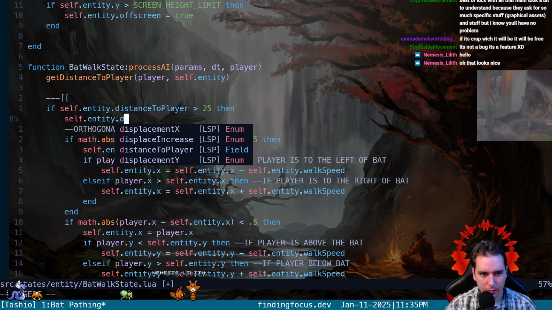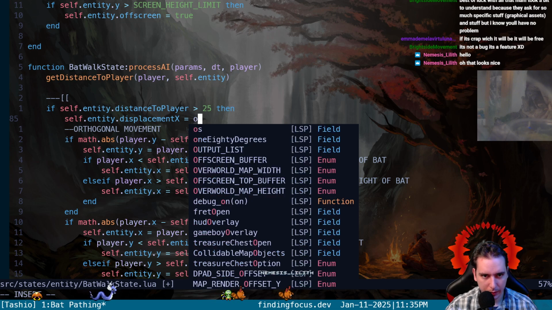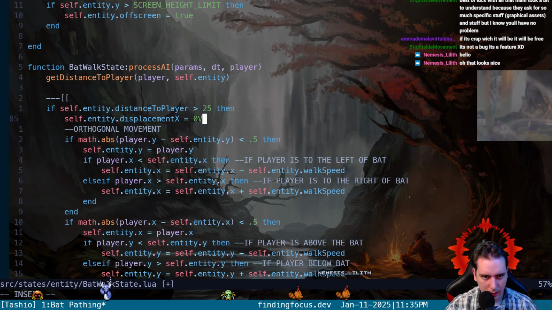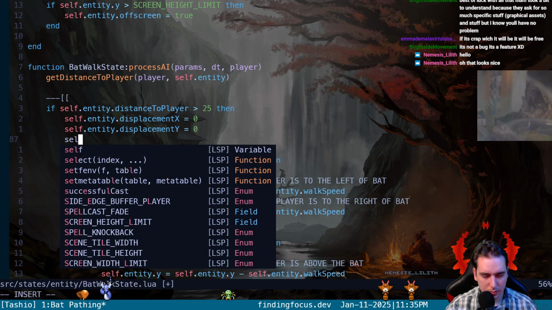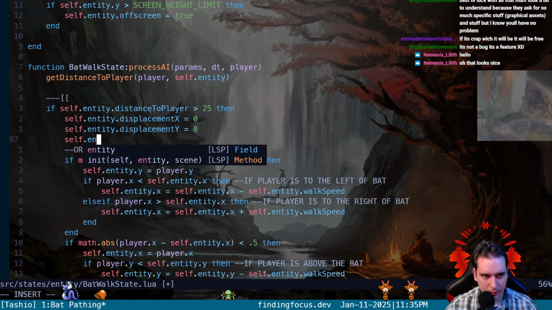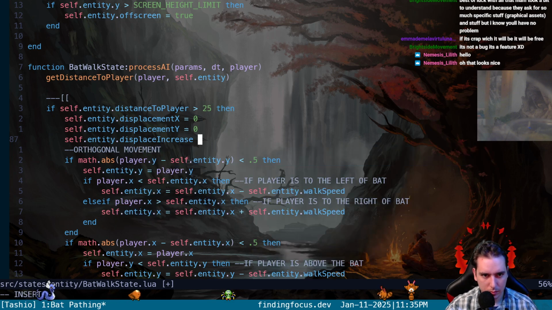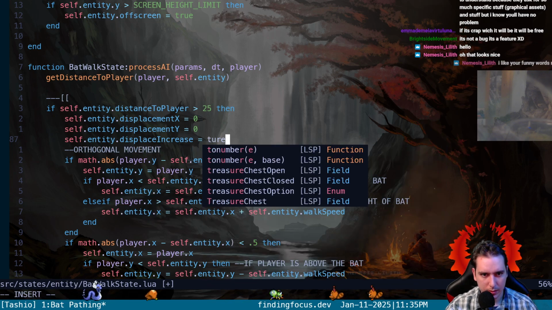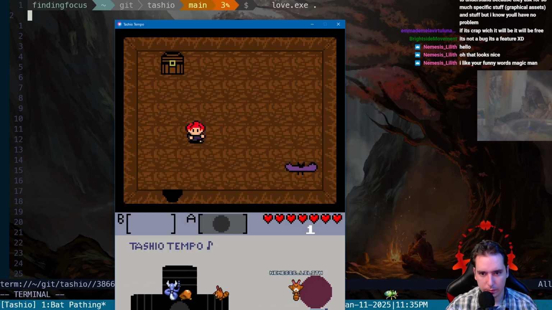So we can reset our displacement positions, and then also probably do our displace increase, true. So kind of reset our displacement values so we don't go crazy.